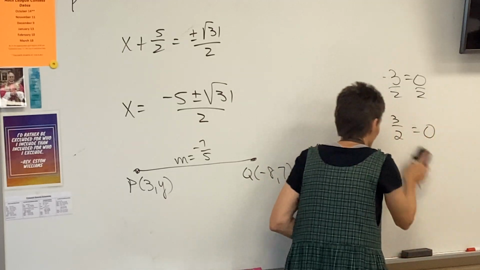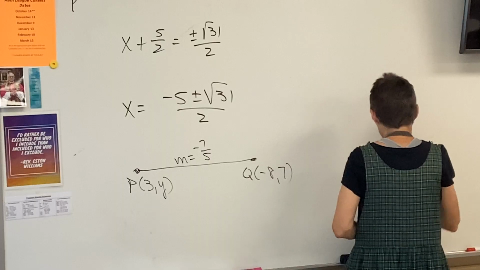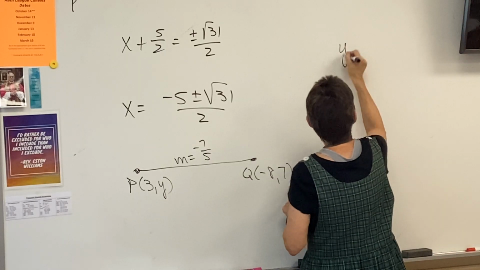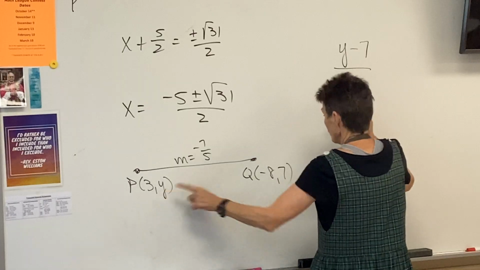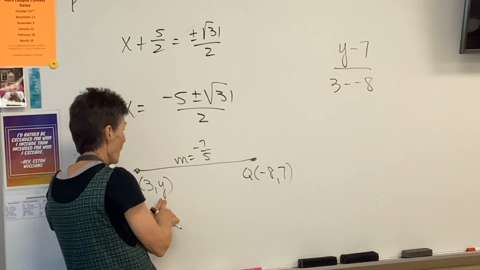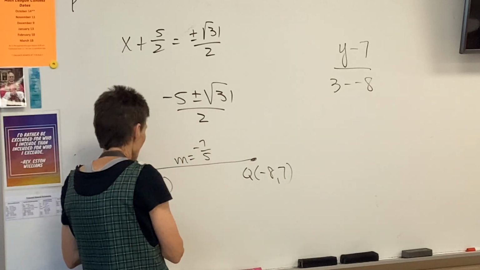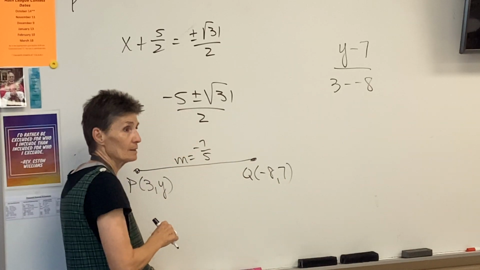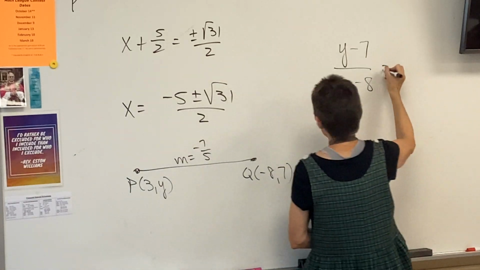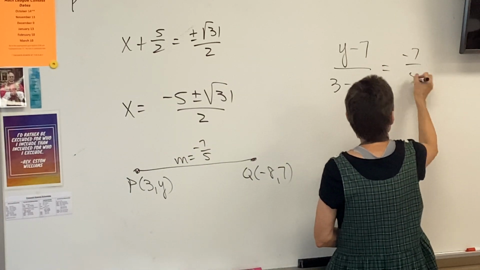How do you find slope? So how about y minus 7 over 3 minus negative 8? That's the slope. But I know the slope equals negative 7/5.